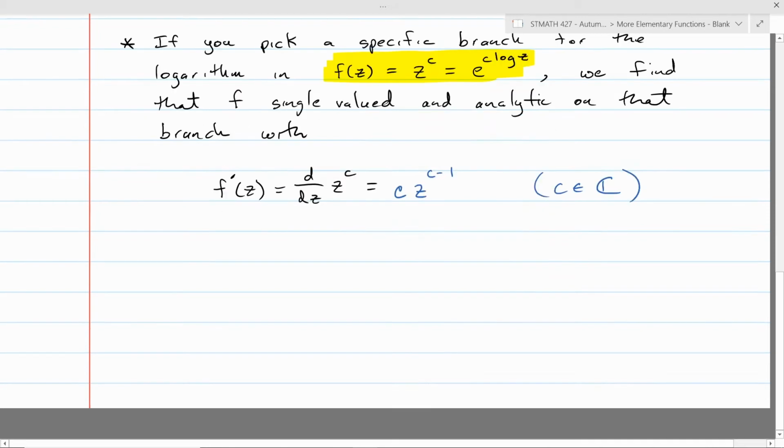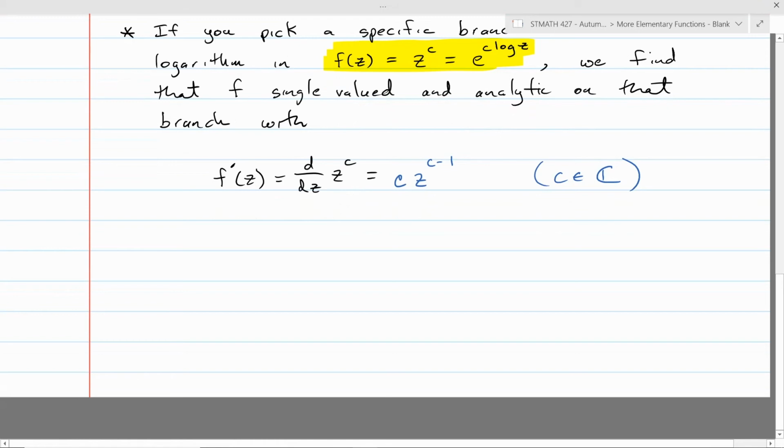I suppose we should see why that's true, how that works out. Well, it's just going to fall back on using properties that we already know about the exponential and logarithms. So if you take the derivative with respect to z of z to the c, then that's the same as the derivative of e to the c log z.